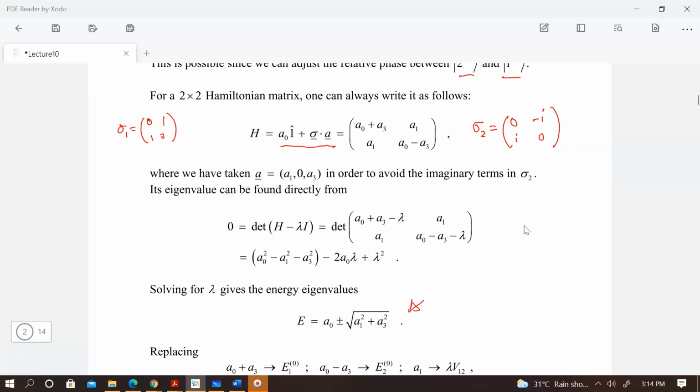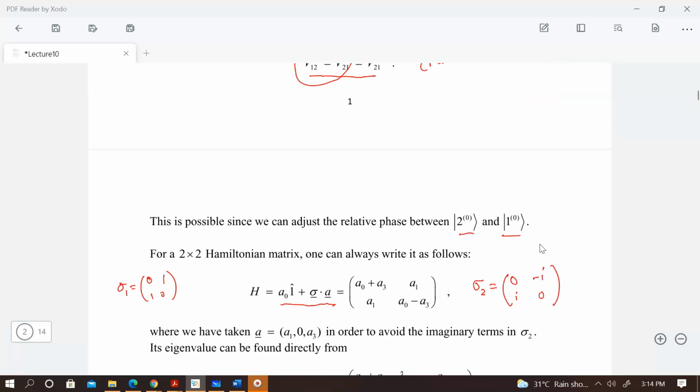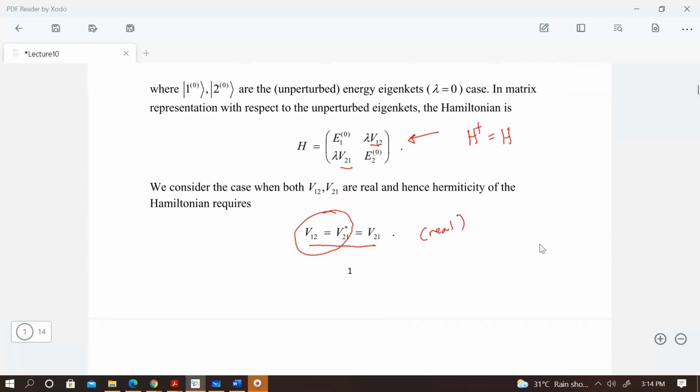Remember this is really related to the elements of the matrix given earlier.